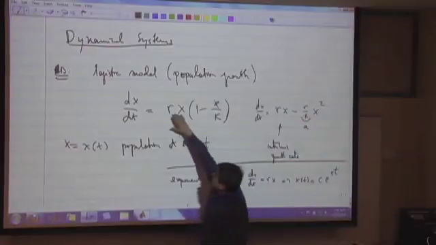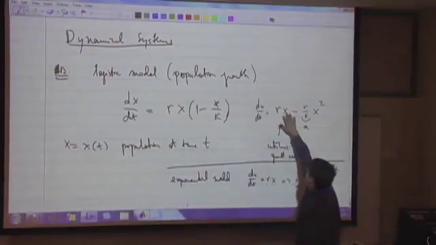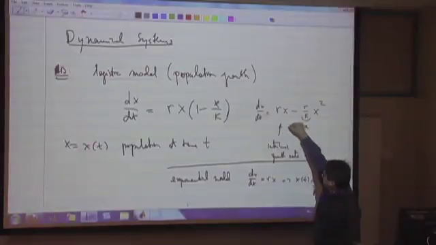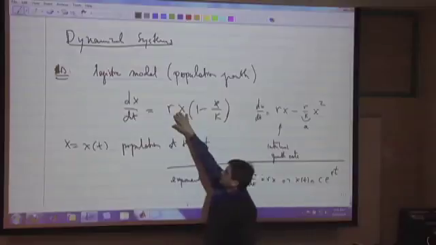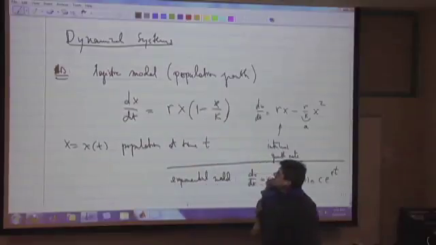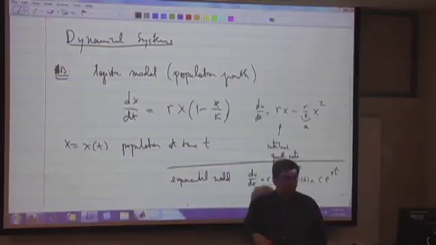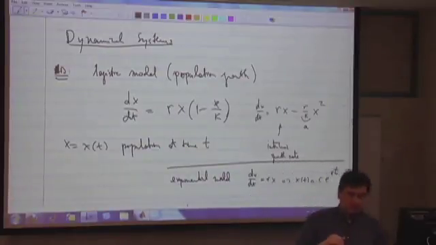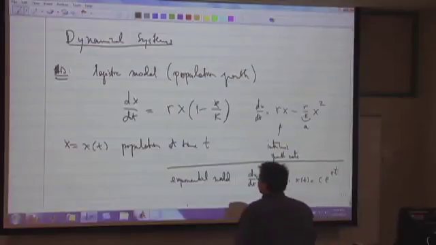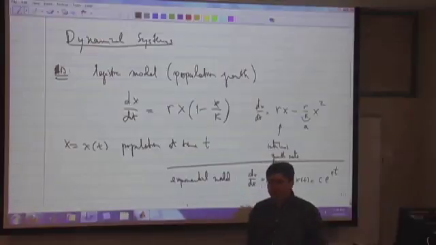Why do we prefer to write it in this form rather than in this form, which is probably, again, more intuitive? The reason is that if you look at the steady states of this population, we ask what the population would have to be initially so that it stays at that value forever.